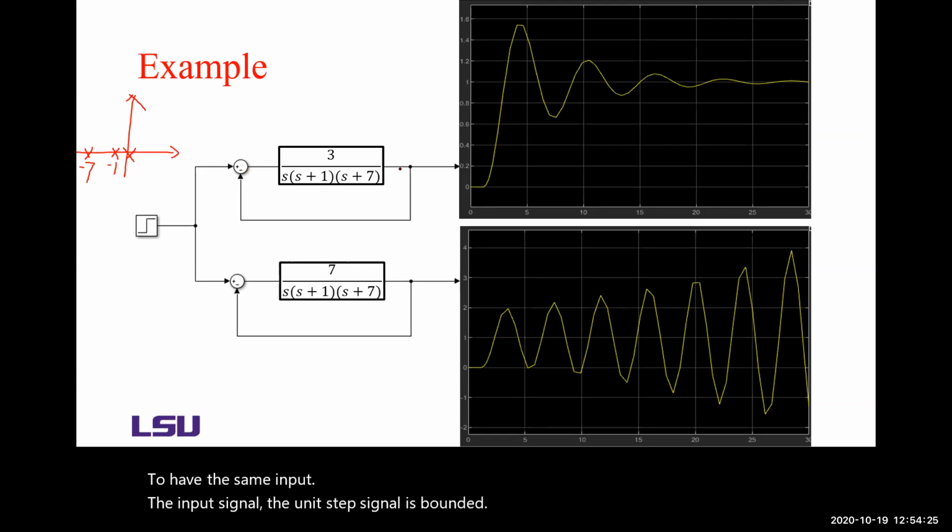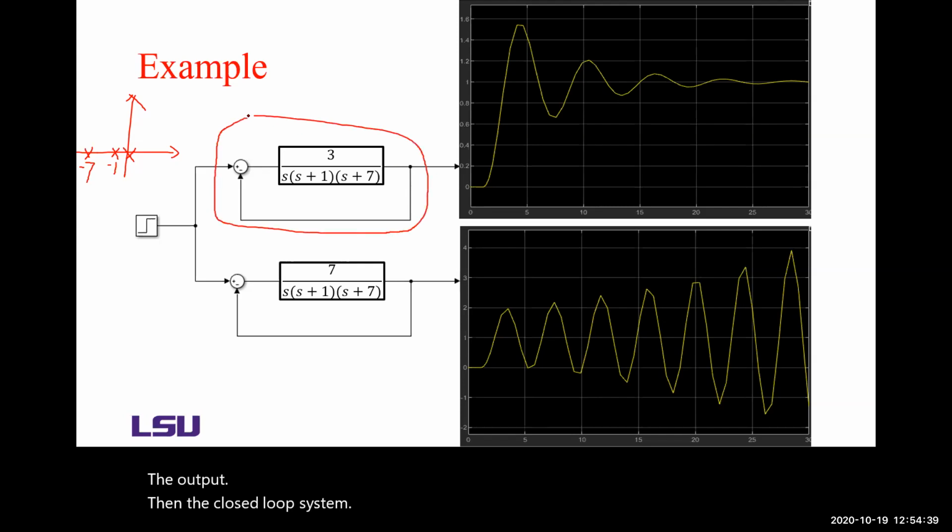Then we use the unity feedback to see if the closed loop system is stable, unstable, marginally stable, BIBO stable, or not. We know the open loop system is marginally stable, not BIBO stable.